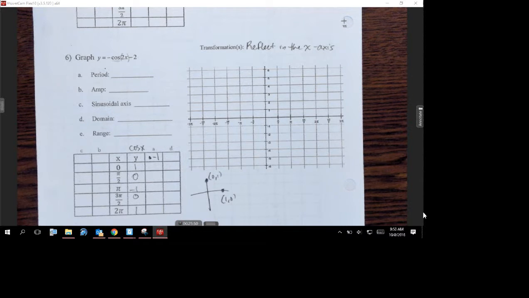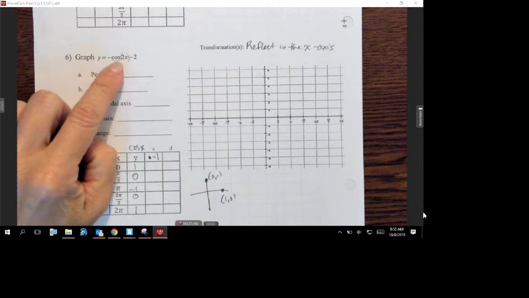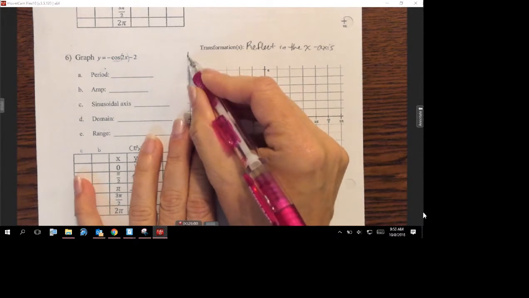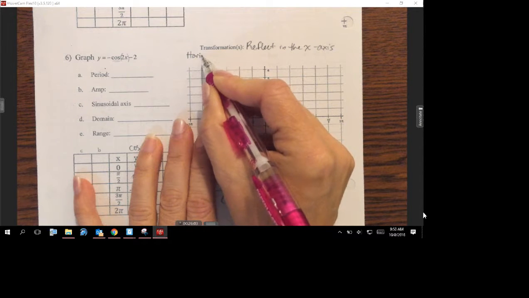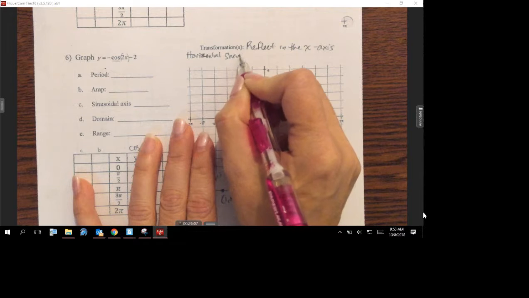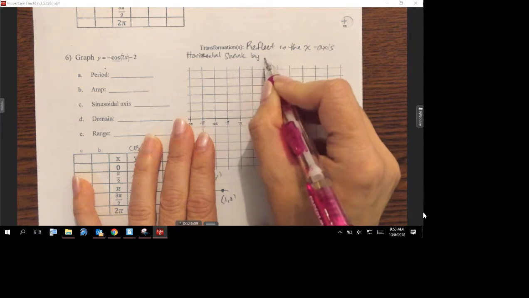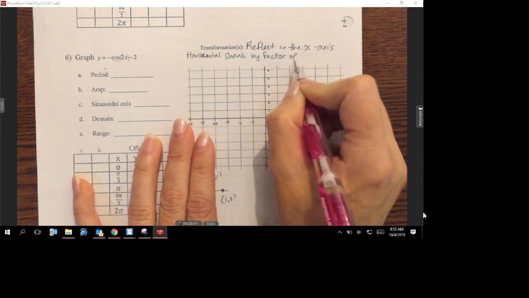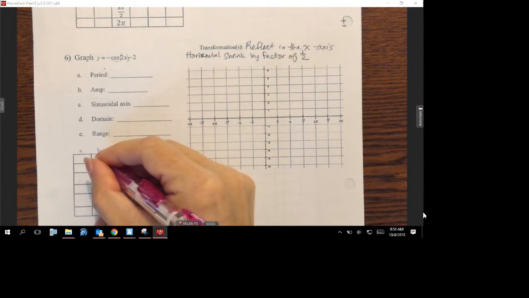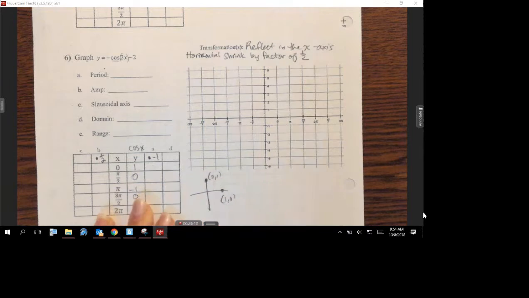And anything horizontal is opposite of what you think. So this is 2. What are we actually doing? 1/2. So this is a horizontal what? Shrink. Horizontal shrink by factor of 1/2. So down in my table, I will be multiplying my x's by 1/2.